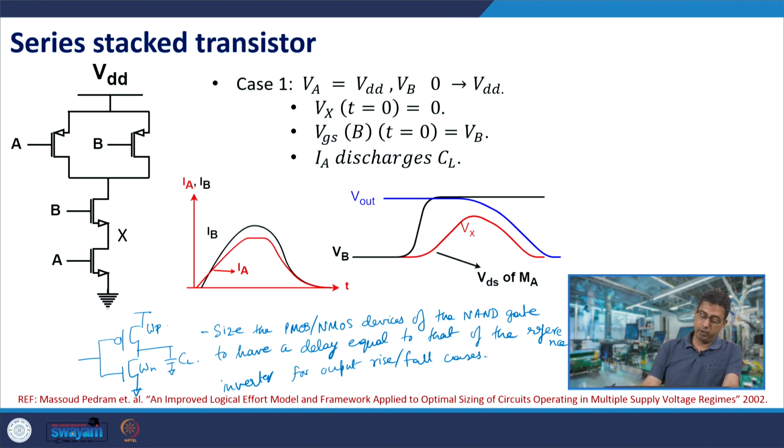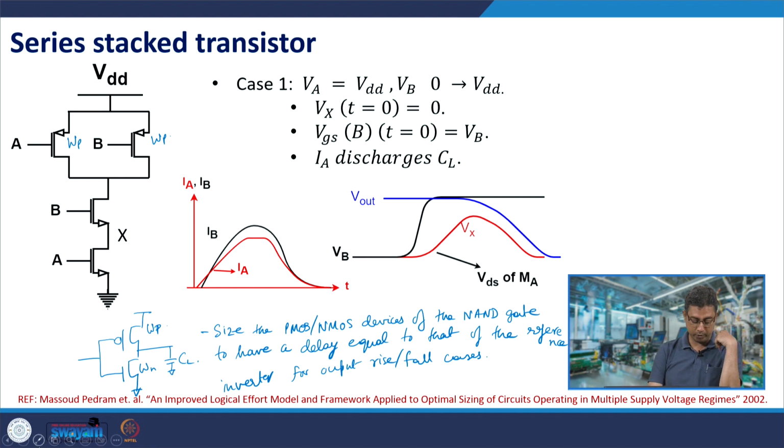Okay. So, now there are 4 cases in this. But the output rise is almost similar to that of the inverter. So, that is why you will have a size WP. That is not changing. It would have a size which is the same as that of the PMOSFET of the inverter.